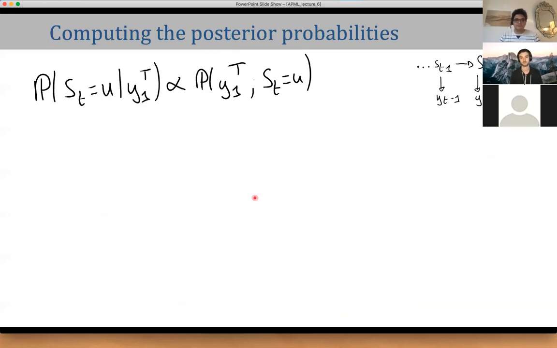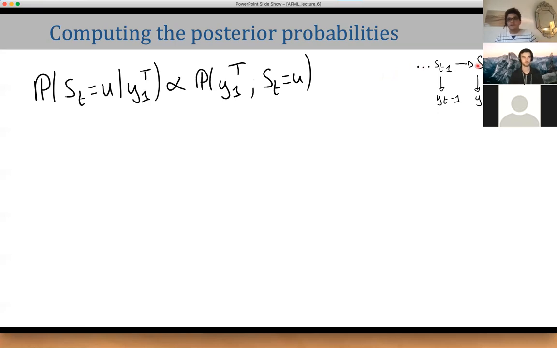To compute that, we will use again the very strong properties of conditional independence which come from a Markov chain. But until now, we just used that in a forward manner, like for the forward algorithm.